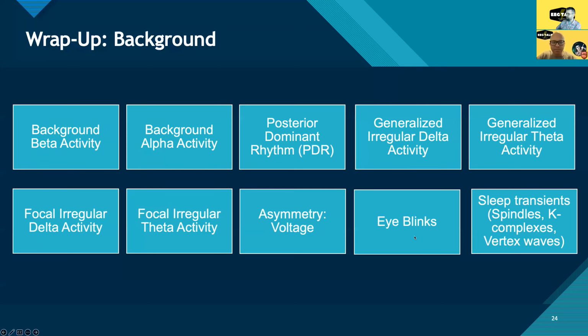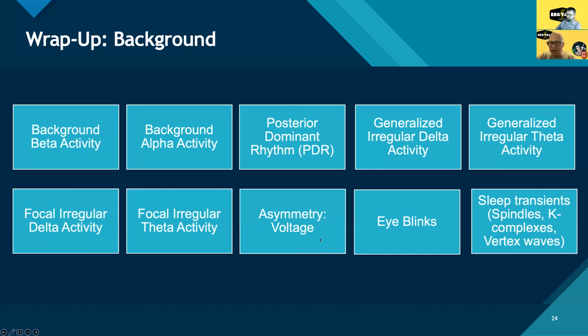And those eye blinks, we can see more in the frontal anterior leads as they're closer to the eyes, usually bilateral. They have this triangular morphology that is very specific, distinctive. The asymmetry could also be a frequency asymmetry, mild if it's 0.5 to 1 hertz, and marked if it's more than 1 hertz.